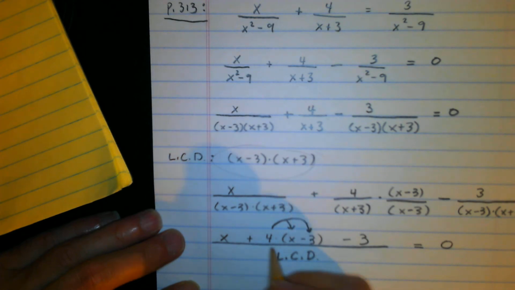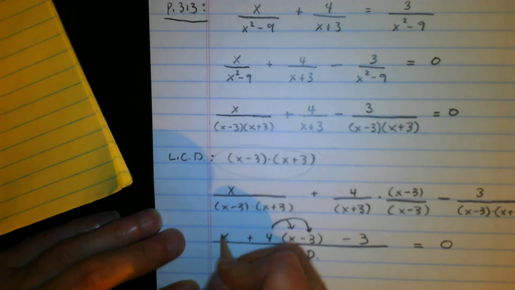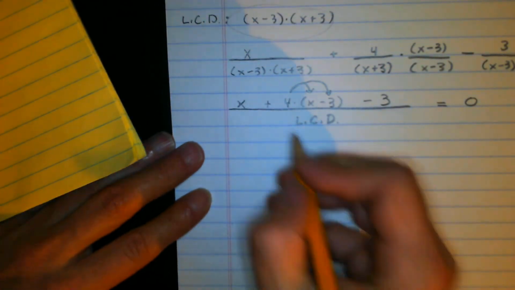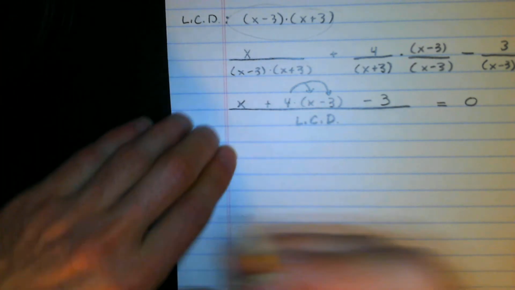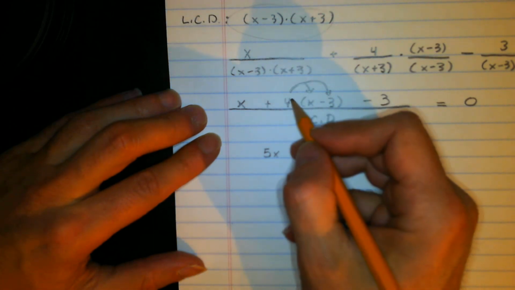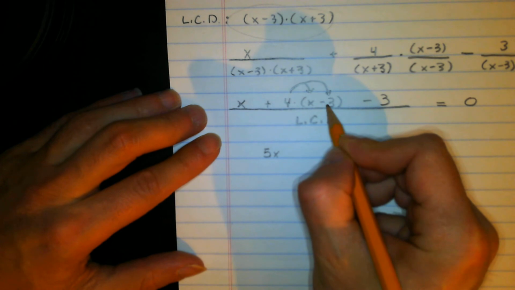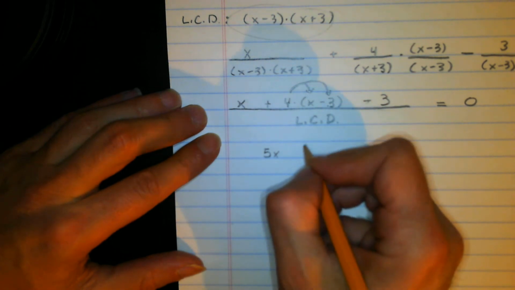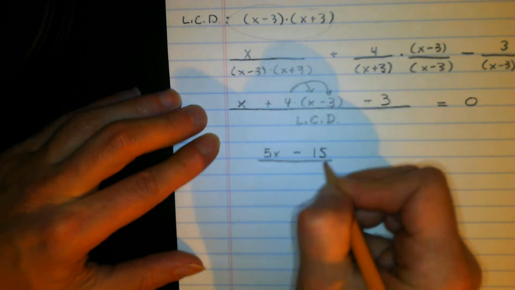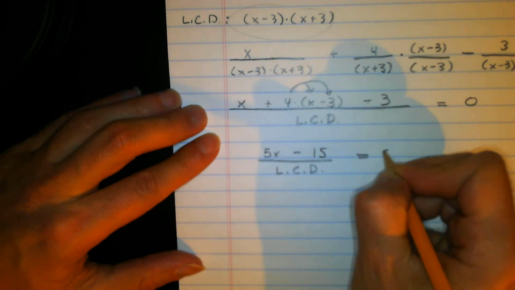And that gives me 4 times x is 4x, plus x is 5x. Then I have 4 times minus 3 is minus 12. Minus another 3 is minus 15. And isn't that nice? We've cleaned this up quite a bit.